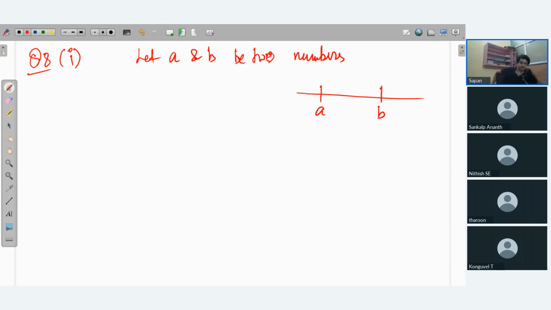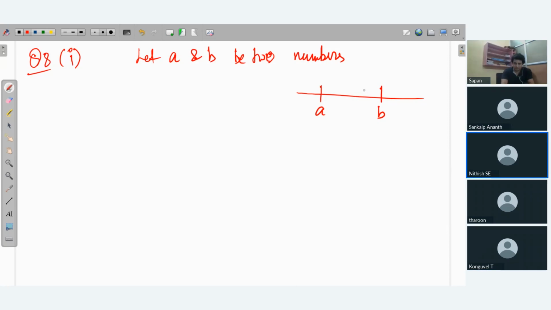Then find the difference. So the first condition says the predecessor of the larger number. In our case, what is the larger number? B. What will be the predecessor? B minus 1.